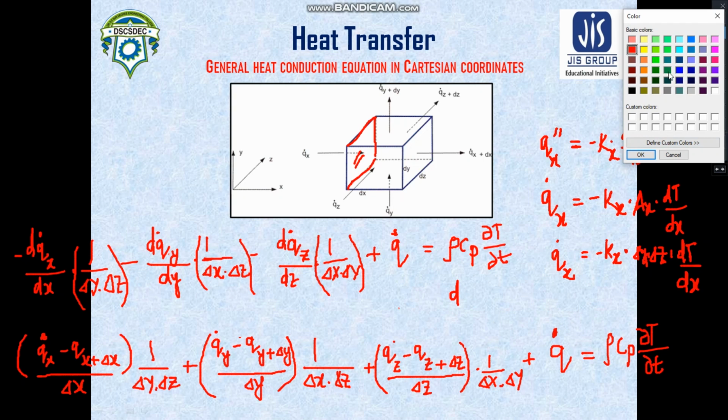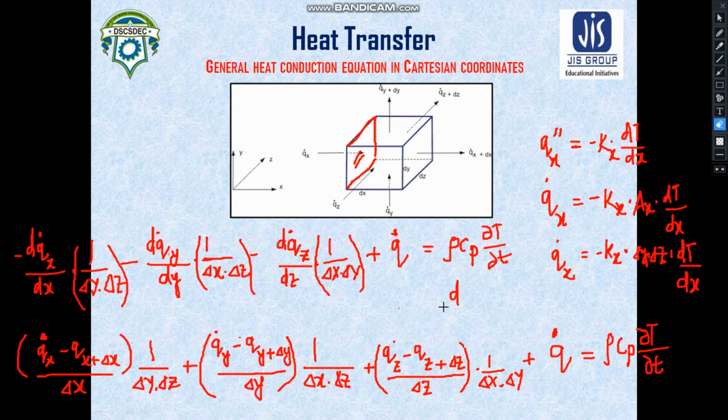So let us use a different ink here so it will help you understand. Now we are interested in performing the derivative with respect to dx. So we have assumed that this kx, this is the area of the heat transfer, and this is the temperature gradient, right? So dqx dot with respect to dx would be nothing but minus kx.